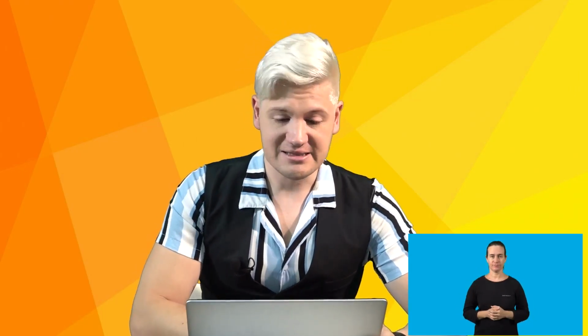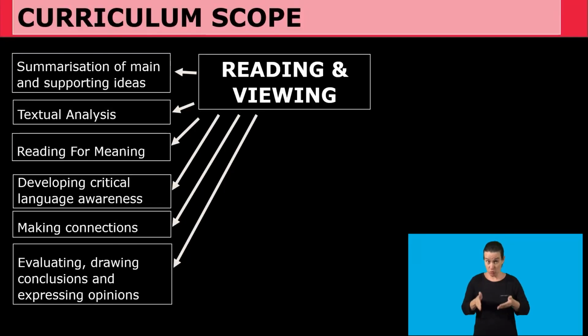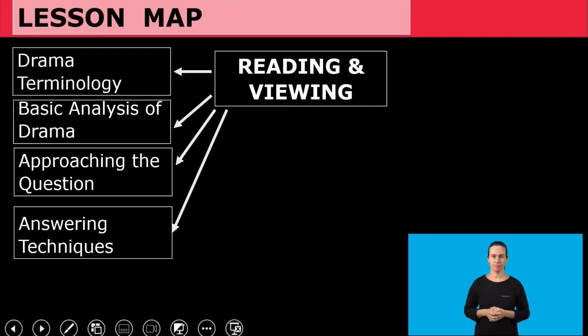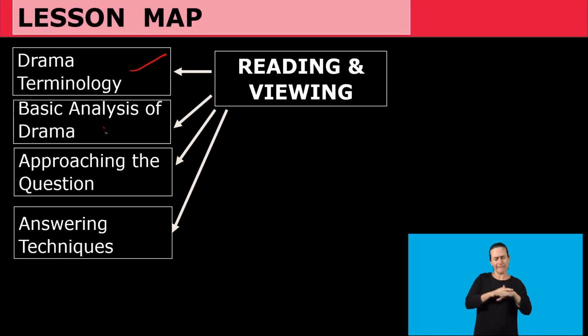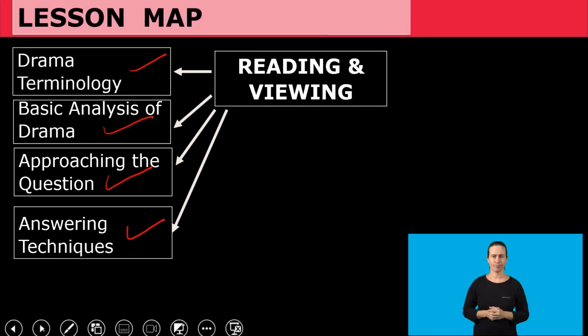Now, this is what we'll be looking at today under the CAPS curriculum, reading and viewing, and the various components of reading and viewing that will be addressed in this lesson. So, our lesson will start with drama terminology, basic analysis of the drama, how to approach the question, and then various answering techniques.